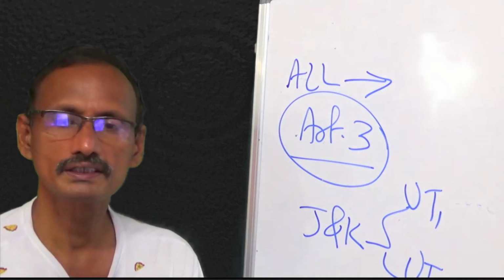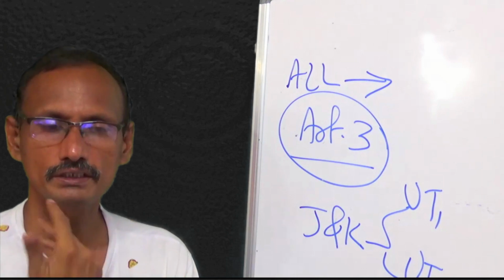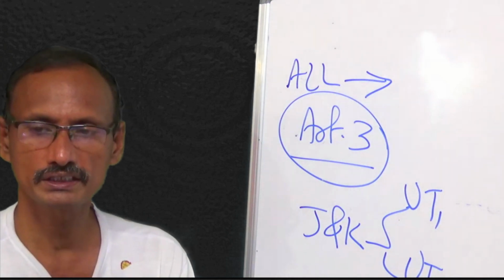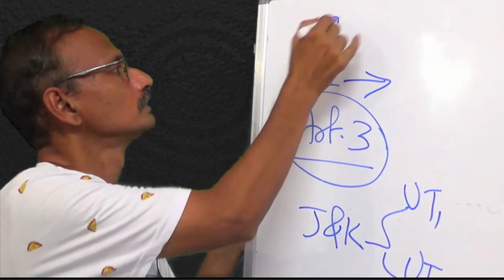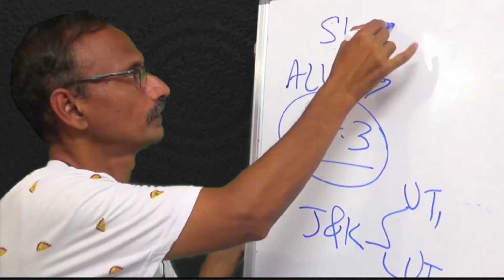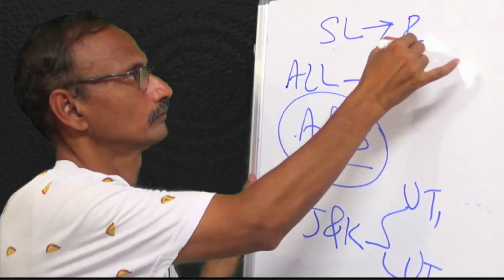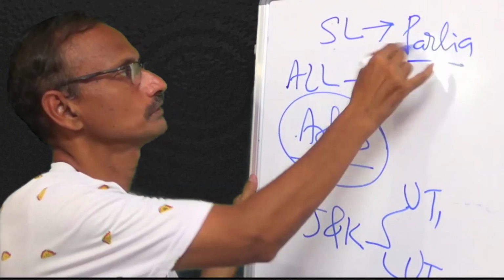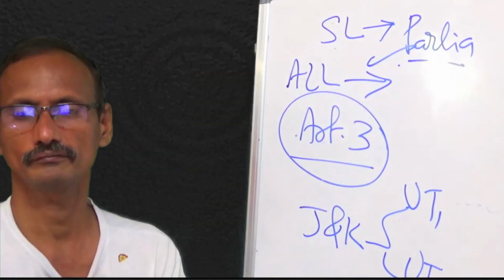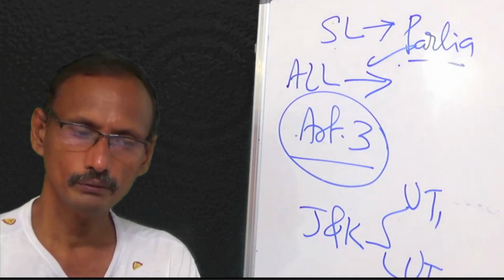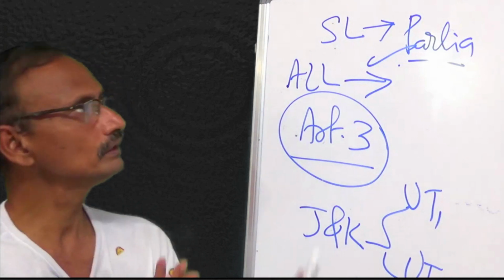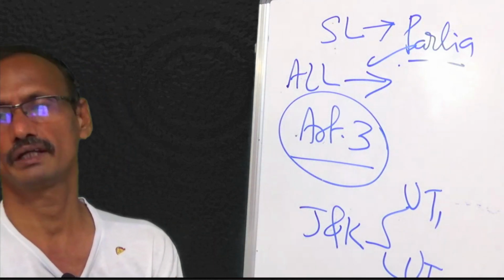And here they said, in the president's rule, when the state legislature is not there, the state legislature's function can be done by Parliament. This is what they said. So it means Parliament only approves. But how can state legislature and Parliament be equal again?